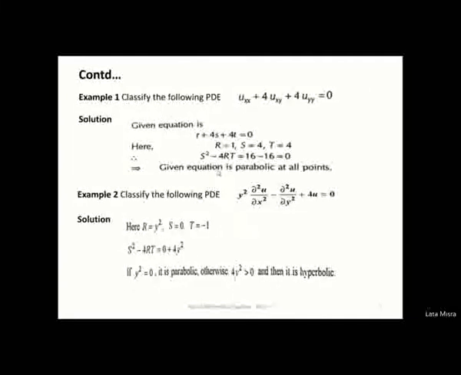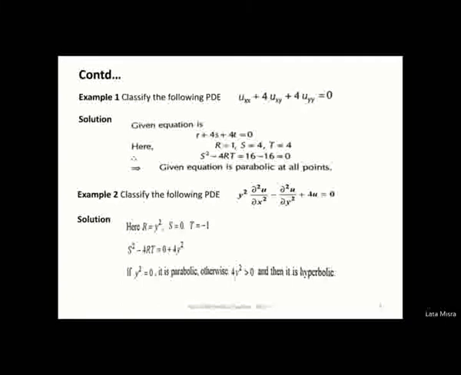Let's see the first example, that is u_xx + 4u_xy + 4u_yy = 0. We know that u_xx is ∂²u/∂x², u_xy is ∂²u/∂x∂y, and u_yy is ∂²u/∂y².